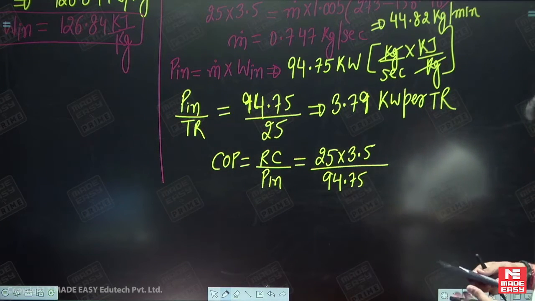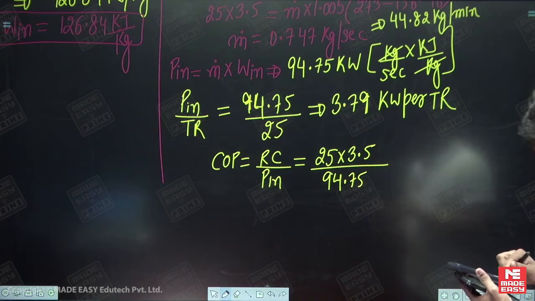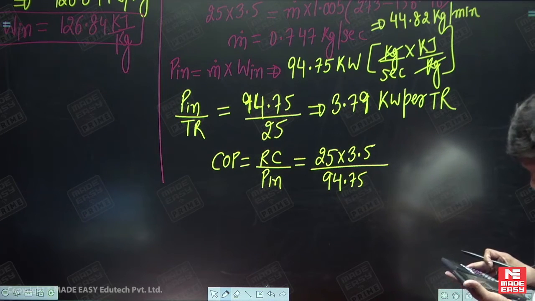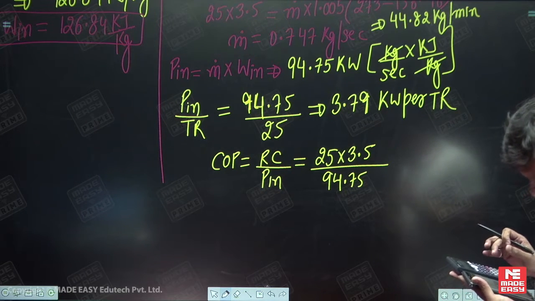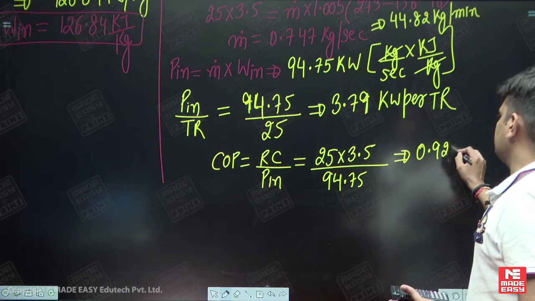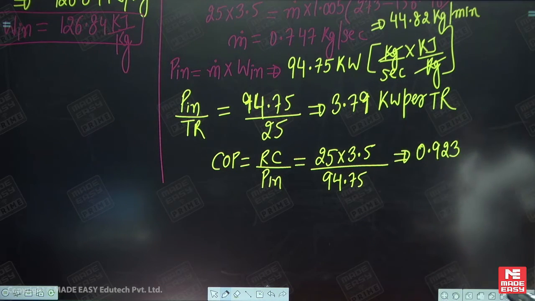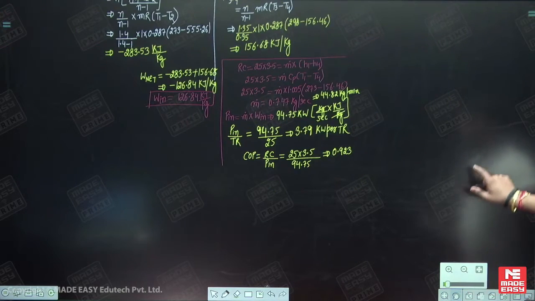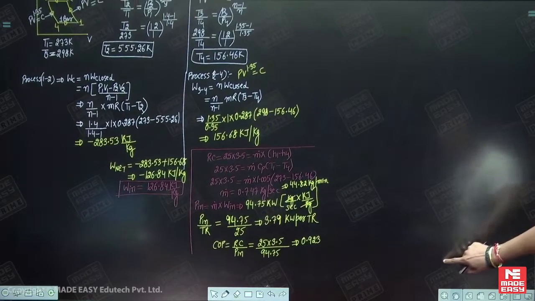So this is 25 into 3.5 divided by 94.75, coming out as 0.923. So the COP is 0.923. Clear?